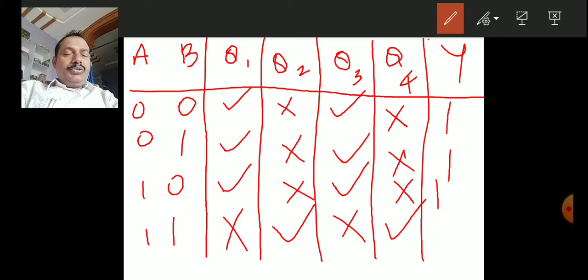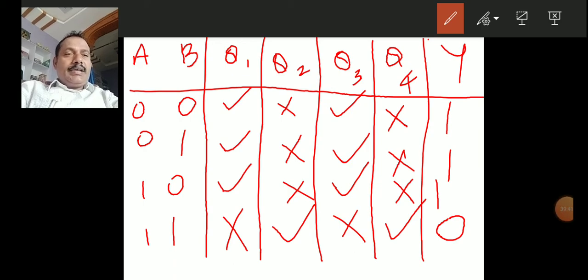Whenever Q3 is off and Q2, Q4 both are conducting, the output is connected to the ground. Hence, ground means the output is logic 0. So this is the important truth table you have to write.